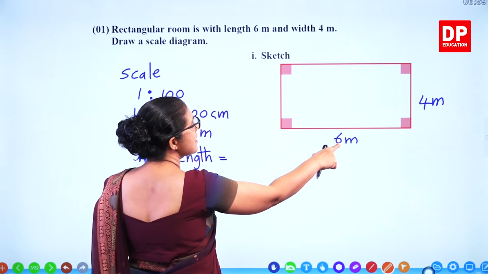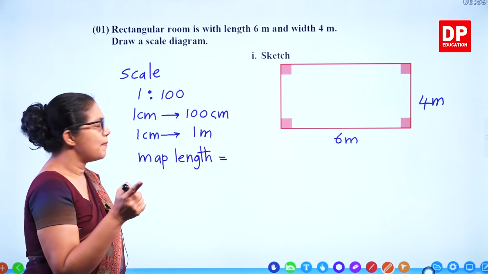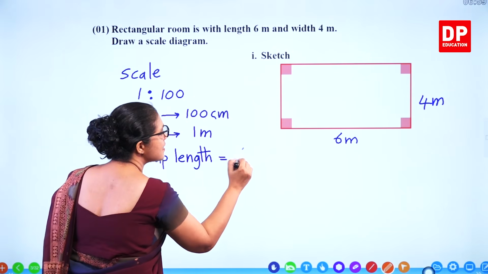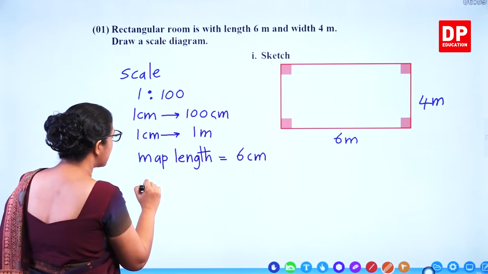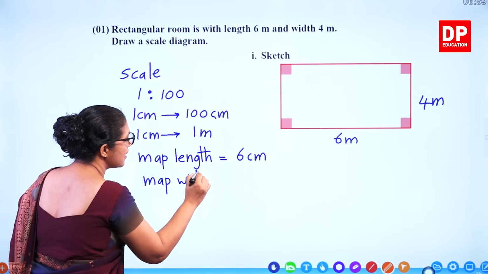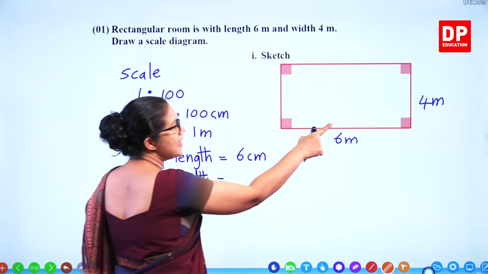So this is 6 meters. 1 centimeter is 1 meter. So how many centimeters do we have to take? 6 centimeters. What about the map width? The actual length is 4 meters.